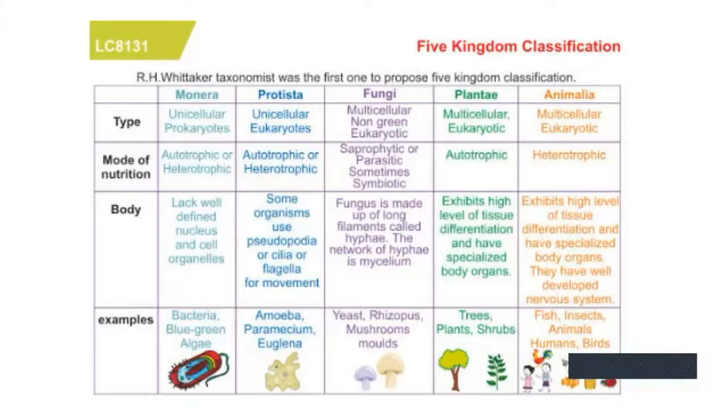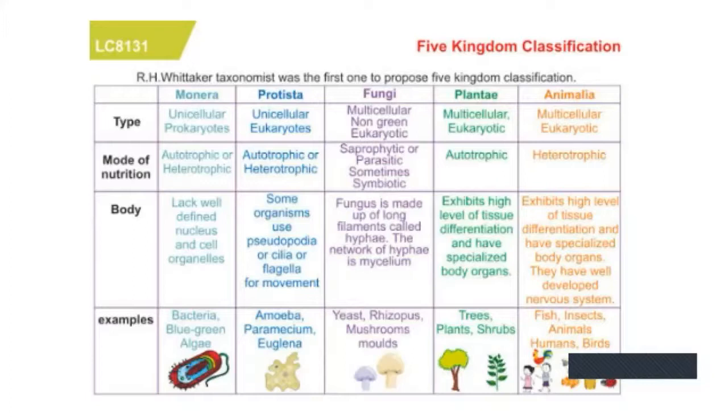These are all locomotory organs used for locomotion, and according to the organism, these locomotory organs differ. Examples for Protista are amoeba, paramecium, euglena, etc. In euglena, flagella is used for locomotion; in paramecium, cilia is used.